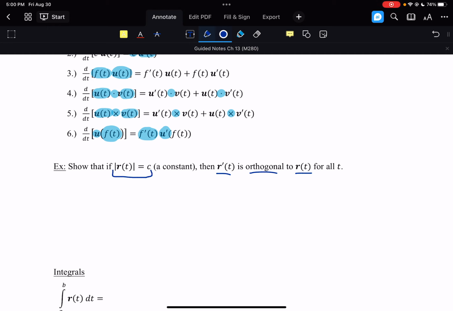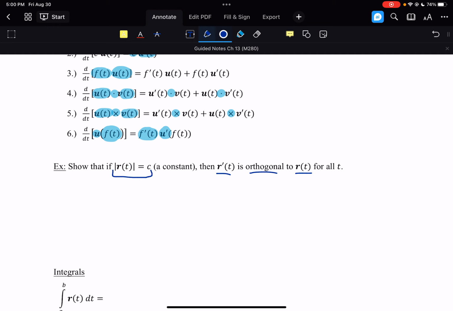Now, if you're thinking like, well, but the length is always constant, it's always a number. Not necessarily. You could have a formula in terms of t, but if we don't pick a specific value of t, then there's still going to be a variable in that formula.